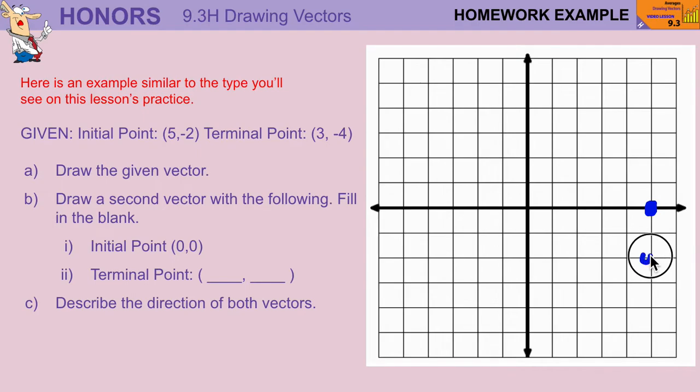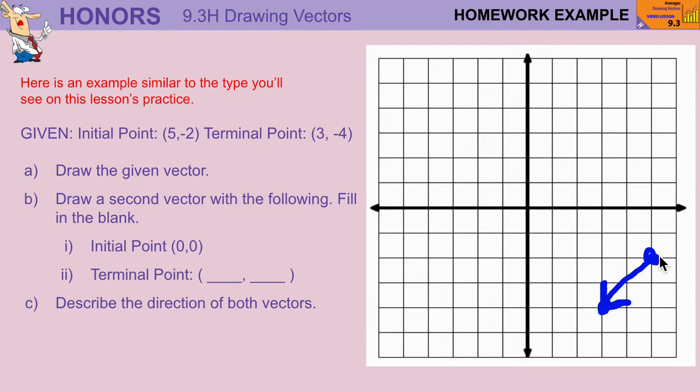There we go. There's my initial point. Now let's go to the terminal point. So now we go 3, 1, 2, 3, and down 4: 1, 2, 3, 4. Now we draw the arrow going from the initial to the terminal.